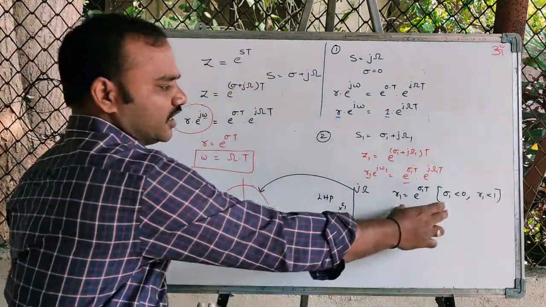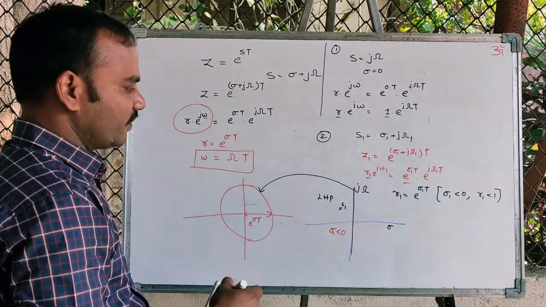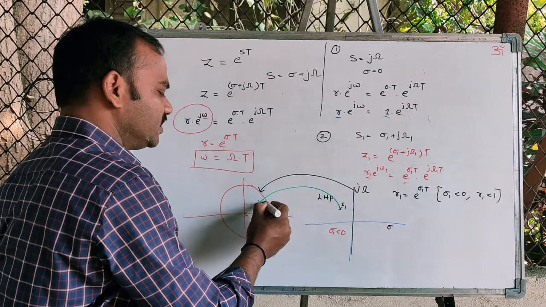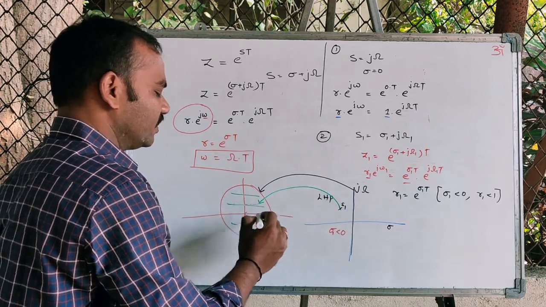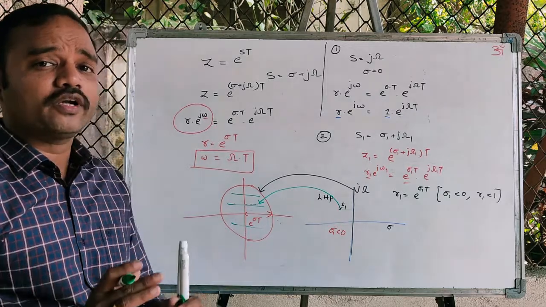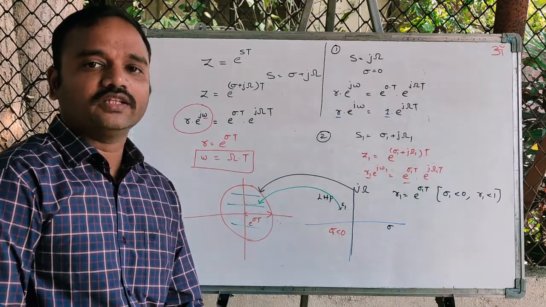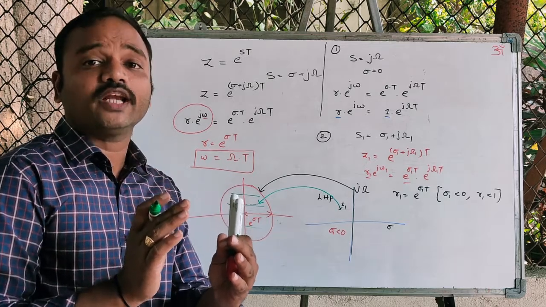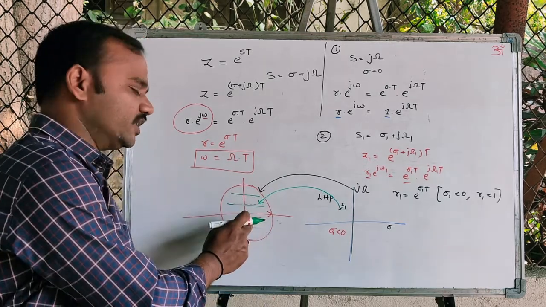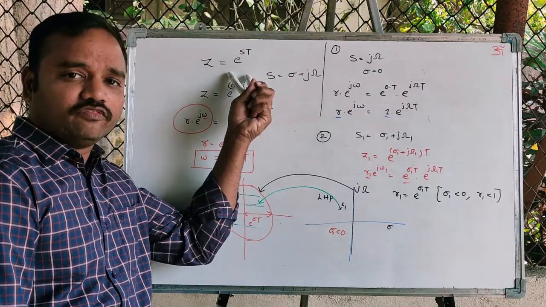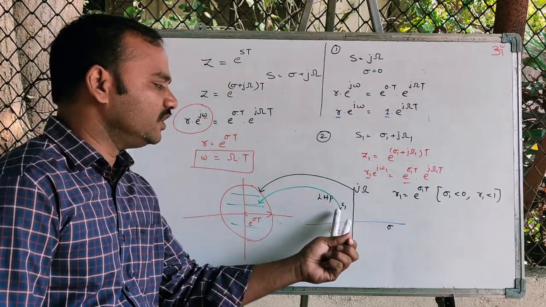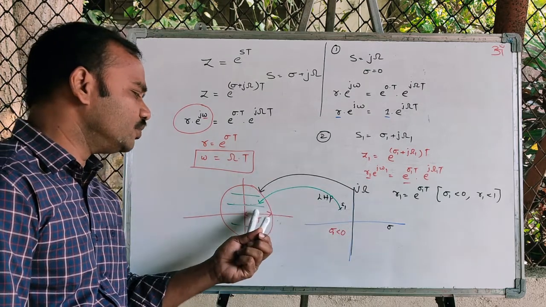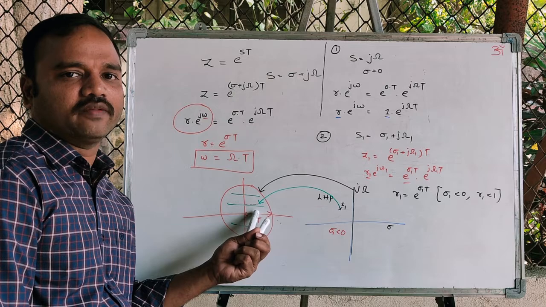So this states that a stable pole is mapped into the inside of this unit circle. So this is the second important property of a conversion technique. That is, the stable poles, or the left half of the s-plane poles, should get mapped to the inside of the unit circle. And with this impulse invariant mapping, the poles which are present in the left half of the s-plane are mapped to the inside of this unit circle.